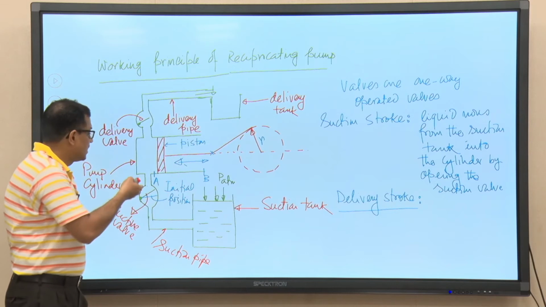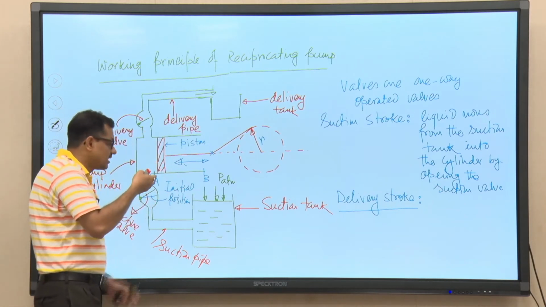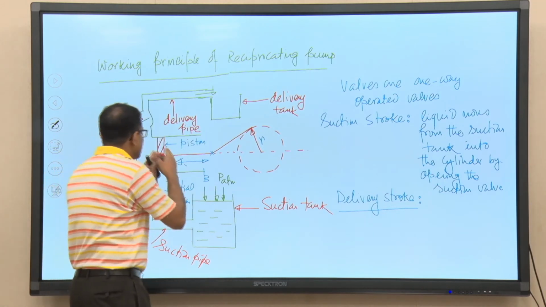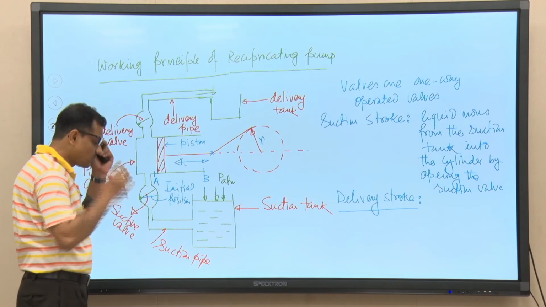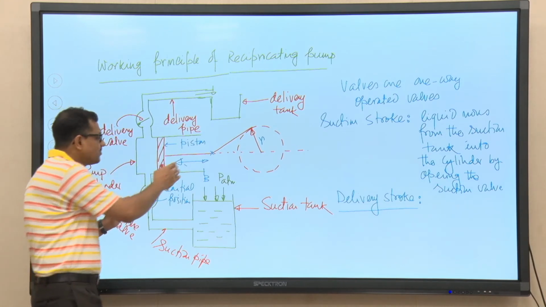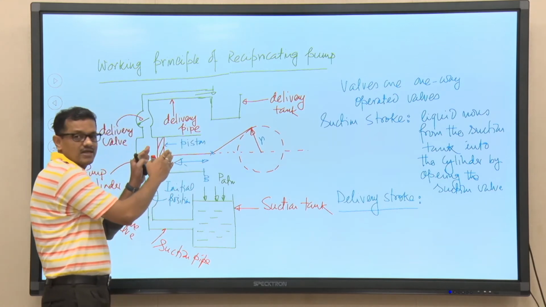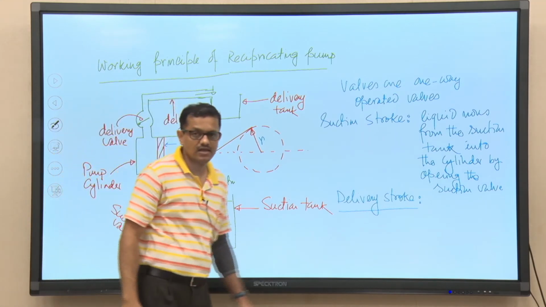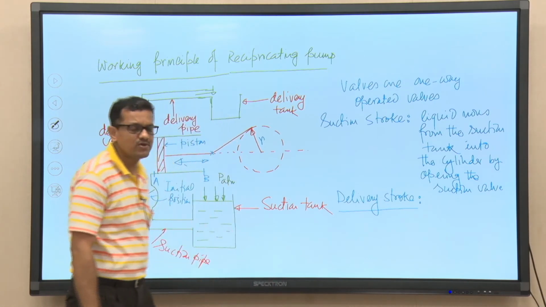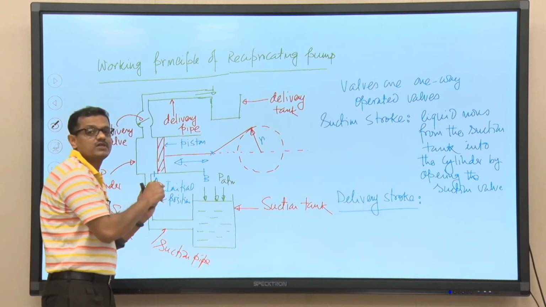The entire objective was to draw a certain amount of liquid from the suction tank into the cylinder, and that is what is there. Since this valve is a one way valve, when the piston reaches location B, the pressure inside the cylinder will be very close to the atmospheric pressure and the driving force will almost not be there, as a result of which the valve will sit in its original position.